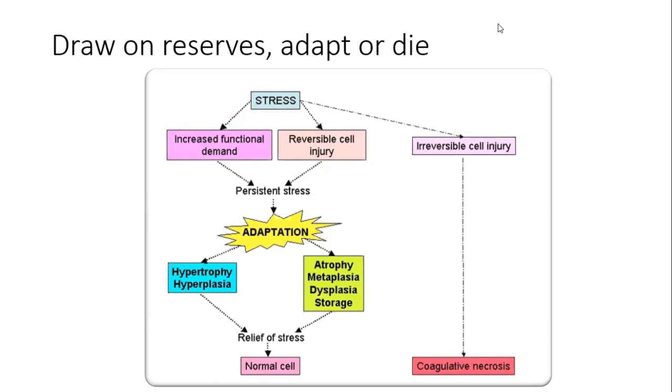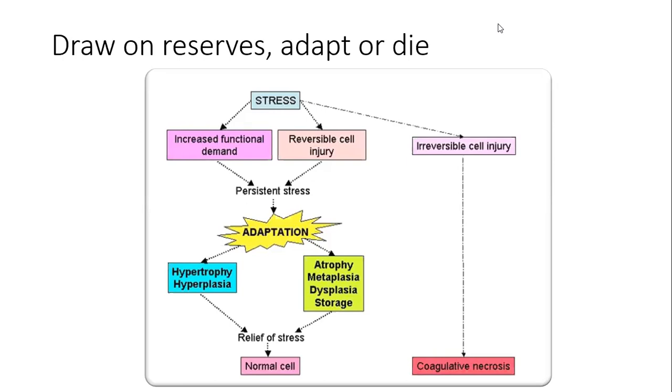If there's persistent stress, the adaptation continues, and you have the mechanisms of cellular adaptation called hypertrophy, hyperplasia, atrophy, metaplasia, dysplasia. And then there's also some other responses the cell can have, such as storing materials within the cell.